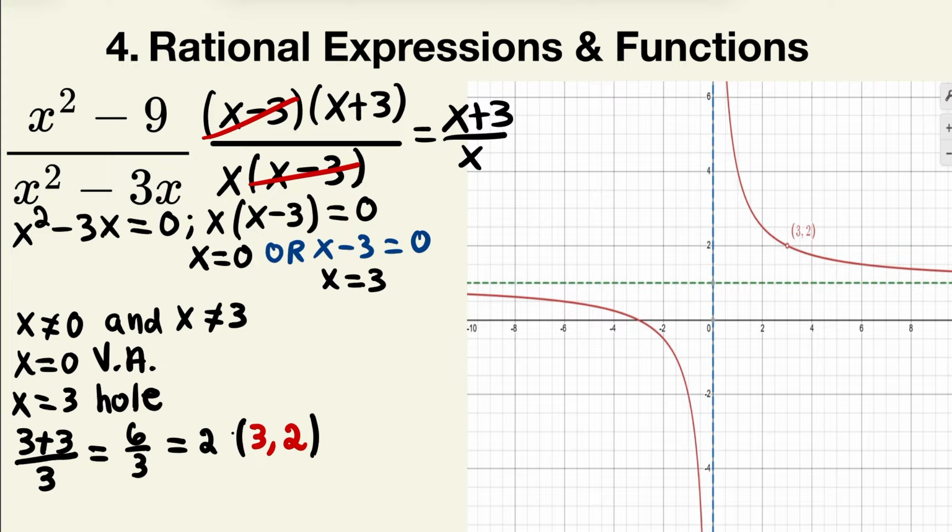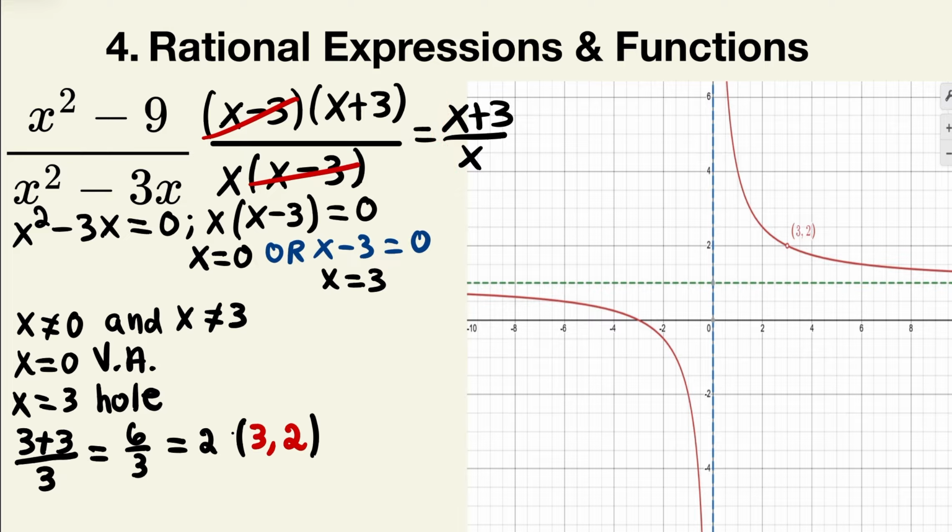And finally, as far as the horizontal asymptote is concerned, you compare the degrees of the numerator and denominator in the simplified form. If you take a look here, both are degree 1, right? So that means the horizontal asymptote is the ratio of the leading coefficients.